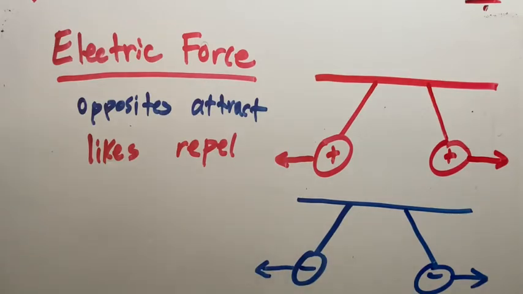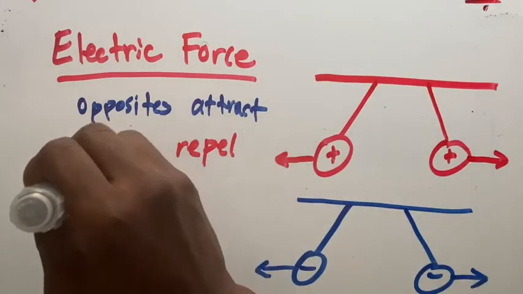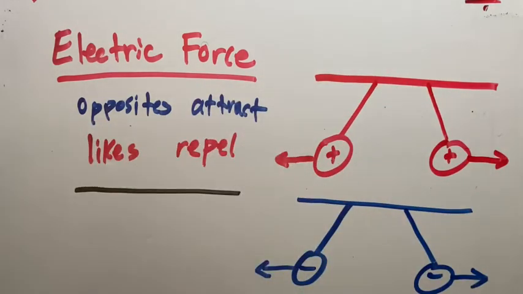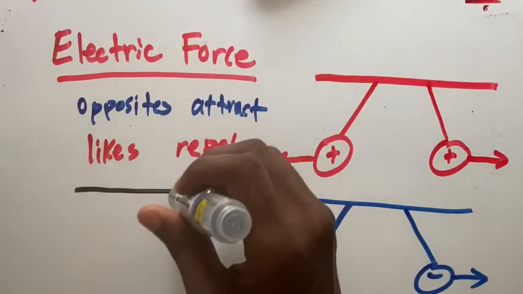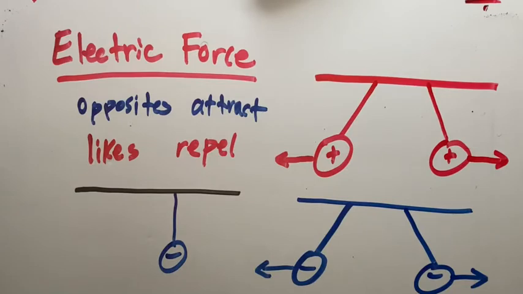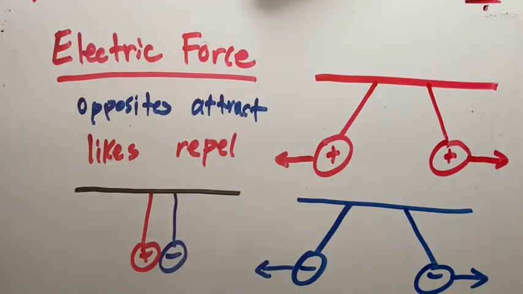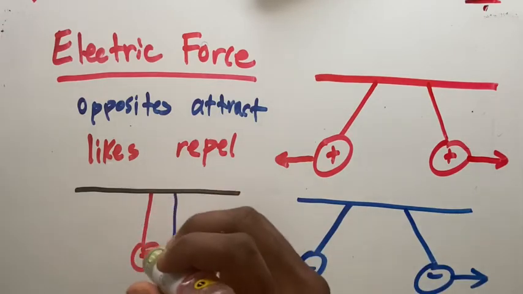Now, if we have two objects that are opposite, right, we know they're going to attract. So these two objects, since they're oppositely charged, they're attracted towards each other. So I would probably draw the force lines like this.